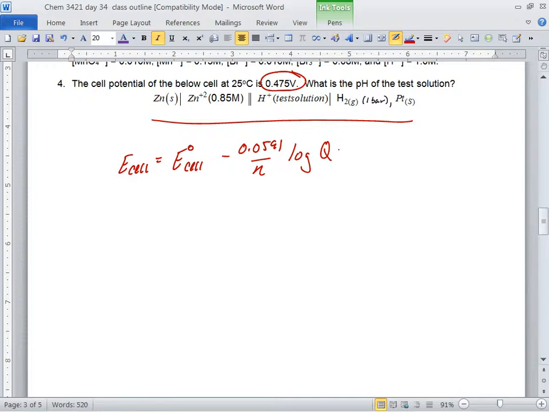Pretty much all I do for these is I recognize where the arrows go. You're going to have to find them anyway in the standard reduction potential table because you have to look up what E0 cell is. So you do that on page 115.